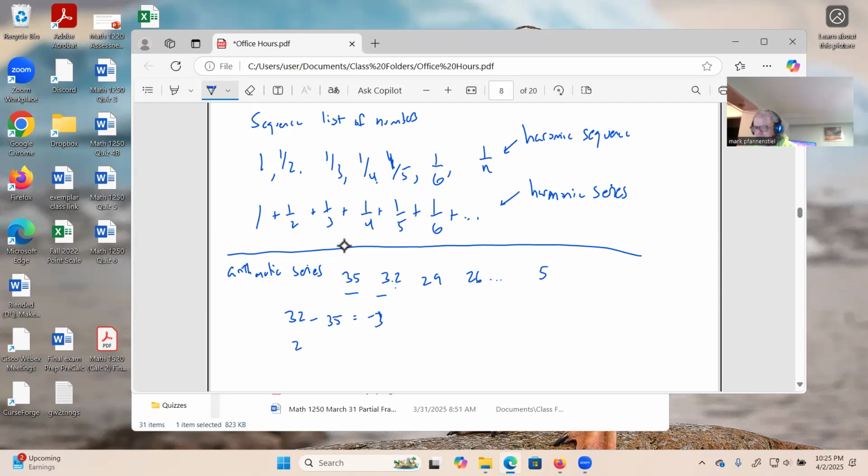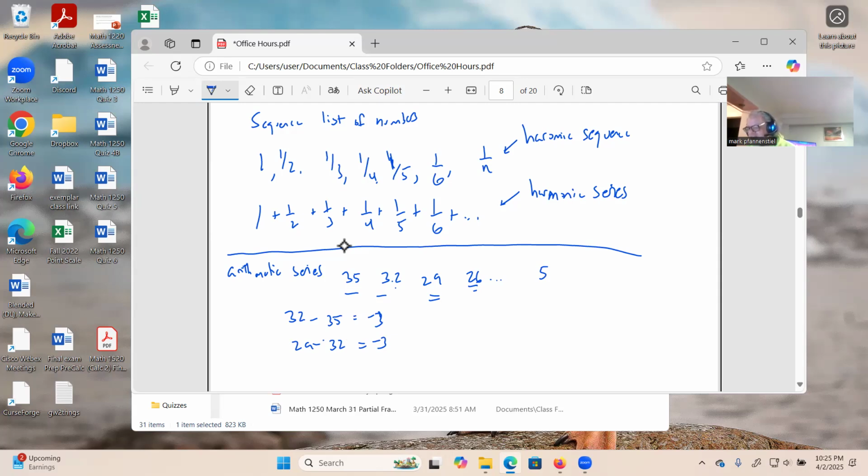If I do 29 minus 32, again, there's a common difference of minus 3. So for any two numbers you pick, the way you get to the next one is you just subtract 3 from it.